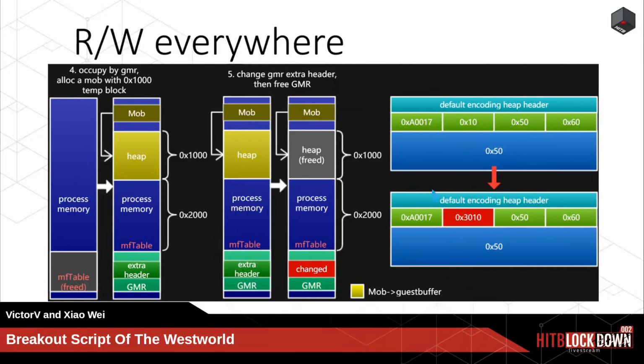And when freeing a GMR buffer, the function gets the heap address by subtracting the header size 0x3010 from the MF table's address. So in fact, it doesn't free the GMR structure. It frees the mob's heap block. Thus, we get a mob that points to free memory.